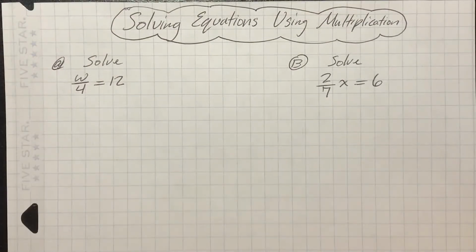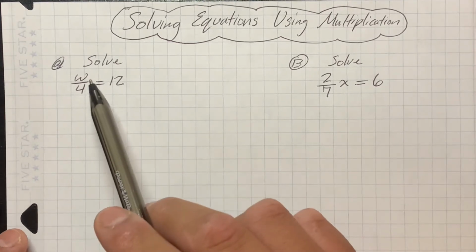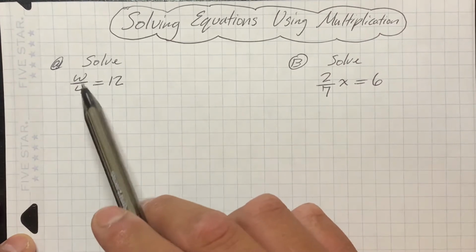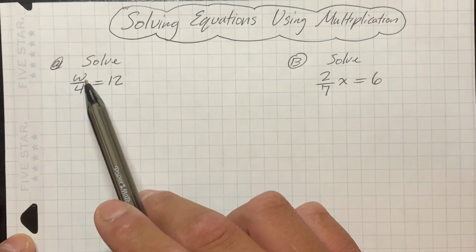All right, so for these examples, we're going to solve equations using multiplication, keeping in mind the multiplication property of equality and also the multiplicative inverse property. Okay, so we have two problems here, A and B, and we're going to solve. So the first one we have W divided by 4 equals 12. Now again, you always want to isolate the variable.